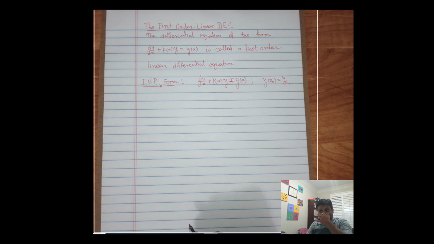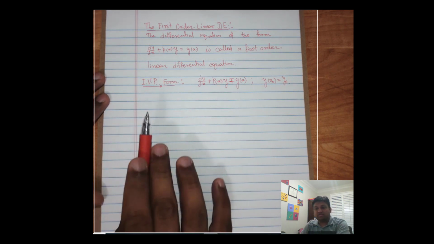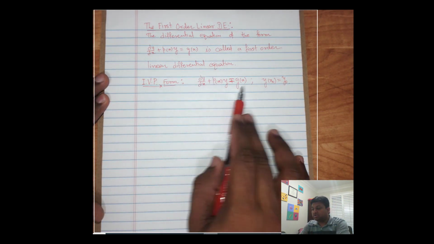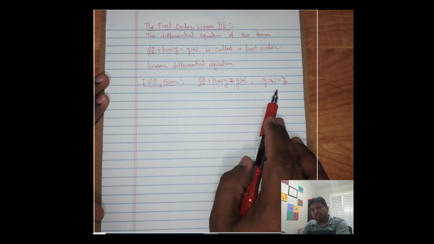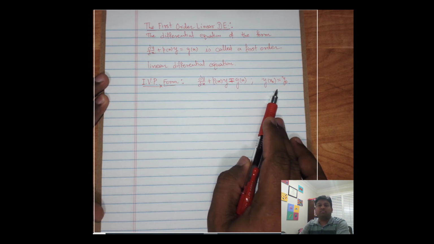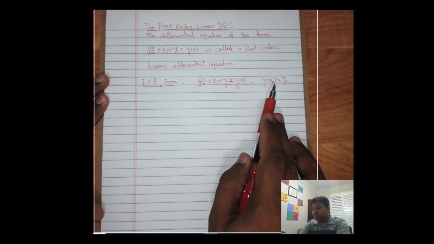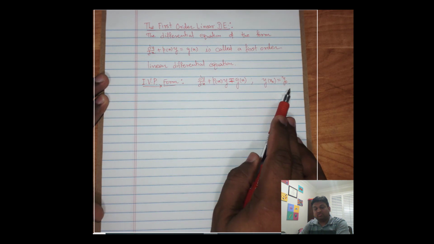Remember, initial value problem is really a differential equation with supporting initial data. How is initial data helpful? Initial data will help you find one particular solution from the infinite family of solutions that passes through the point x0, y0, which are really numerical values.